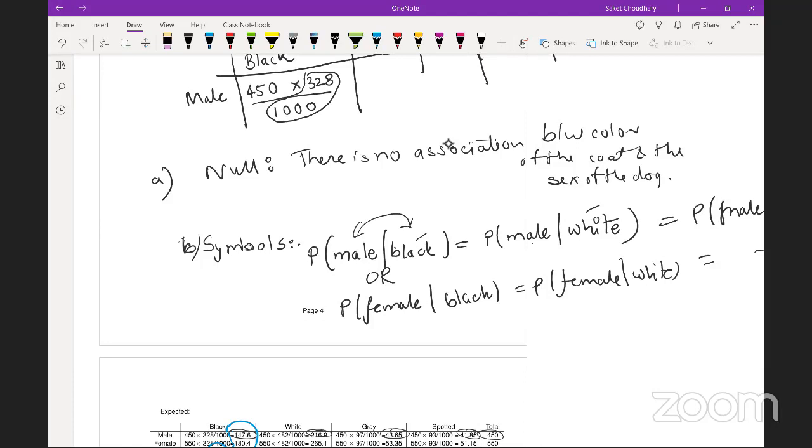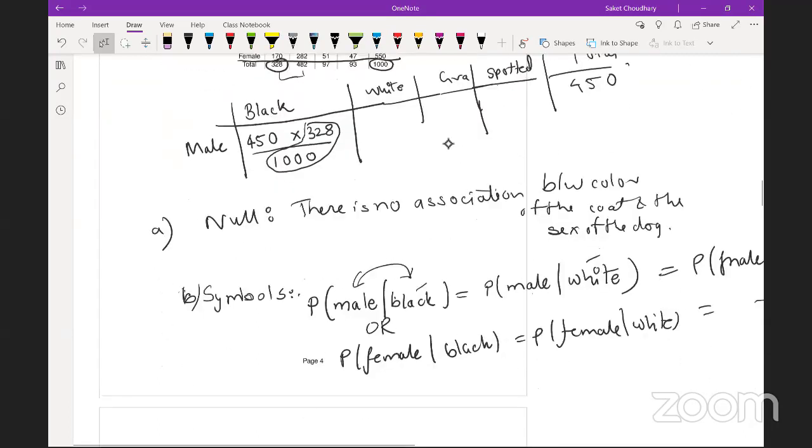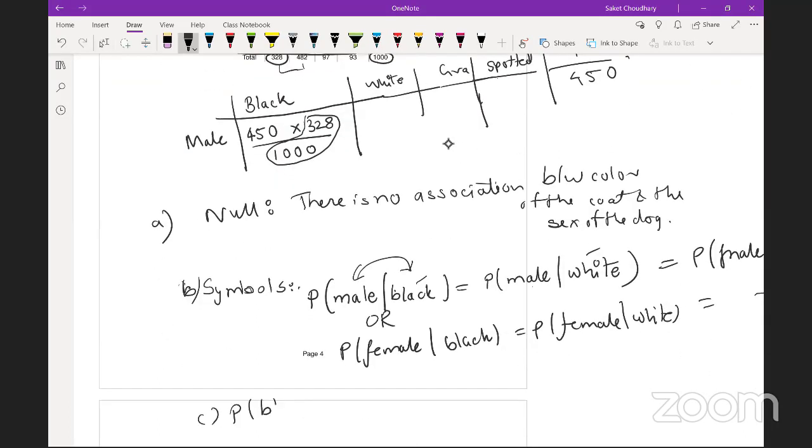You can also switch between these two. What this means is the probability of being a black, given that I'm a male, is equal to the probability of being a white, given that I'm a male, and so on.